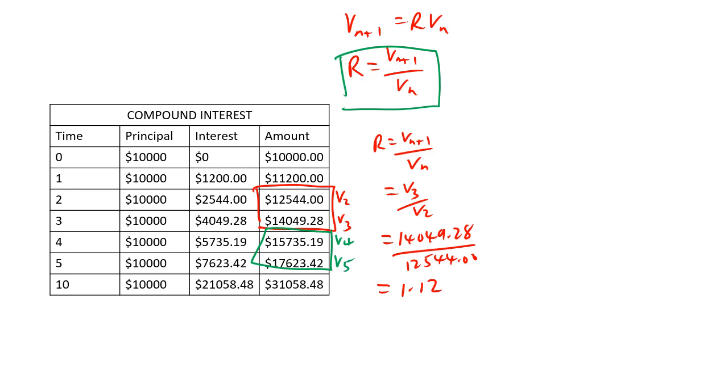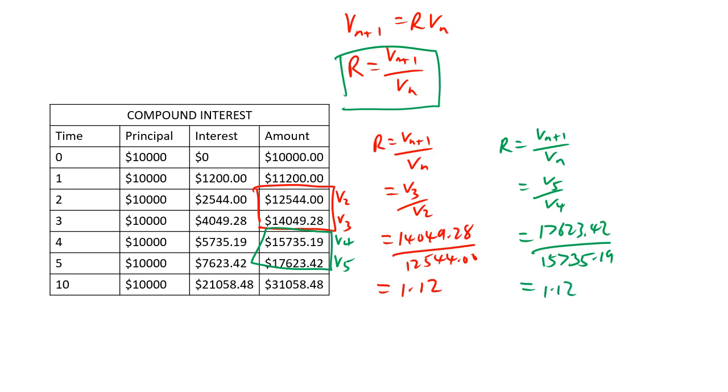So let's do a little space over here. R equals Vn plus 1 over Vn equals V5 over V4 equals 17623.42 divided by 15735.19, and that equals 1.12 to 2 decimal places.